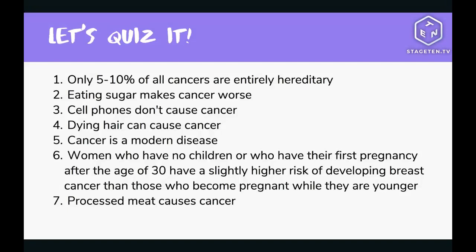Statement number 5: cancer is a modern disease. What do you think? Is it true or false?